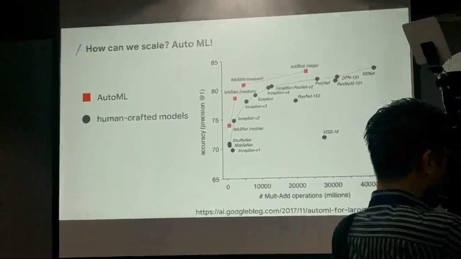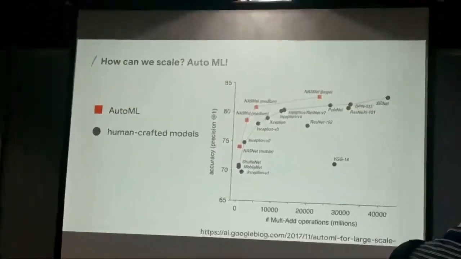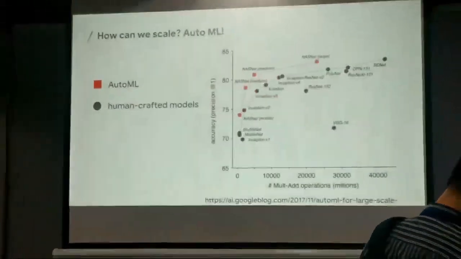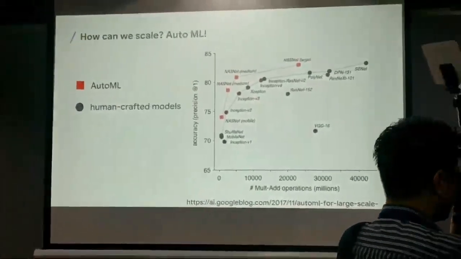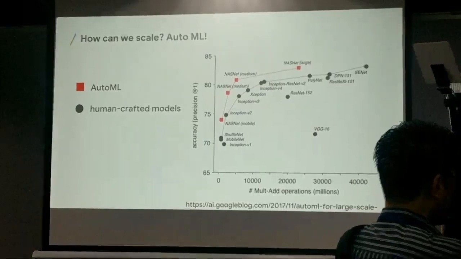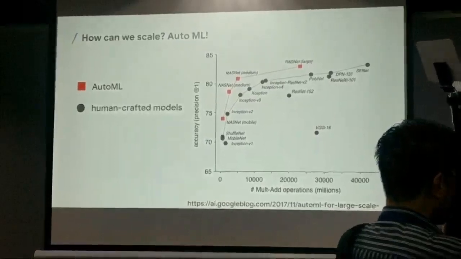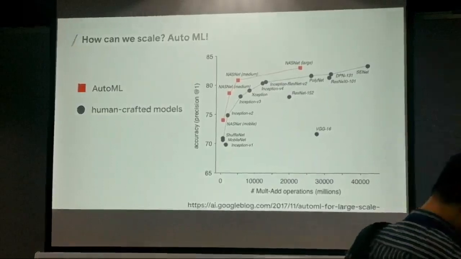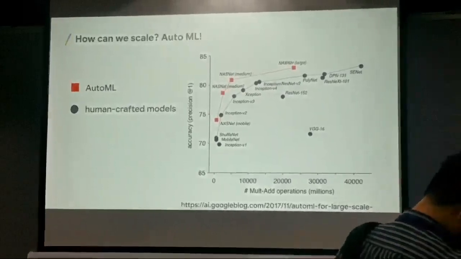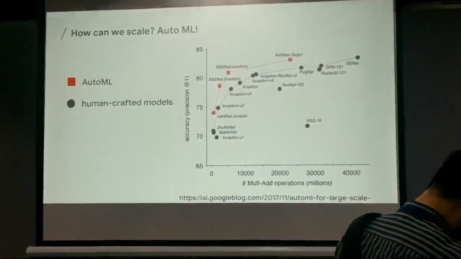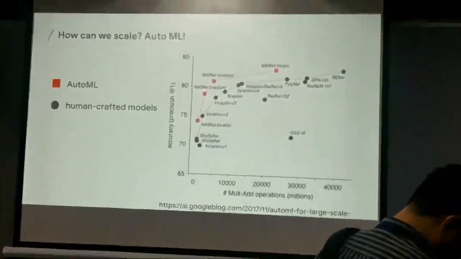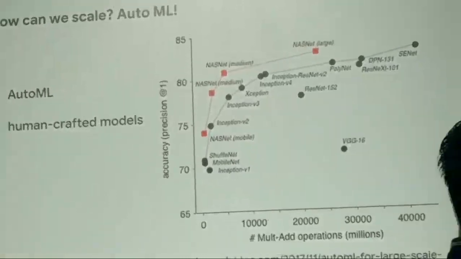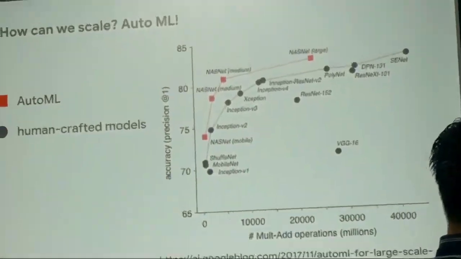Okay. One very promising technology is what we call AutoML. AutoML is essentially a machine learning model that can train machine learning models, build machine learning models. And as you can see on the slide, this is a comparison of human-crafted models, state-of-the-art, with AutoML crafted models on comparison of the accuracies on an ImageNet image classification task.